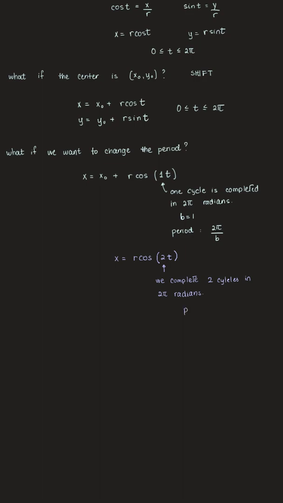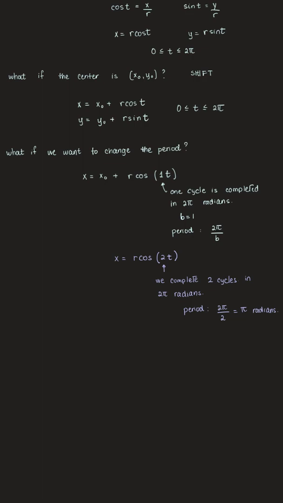So to find the new period, the period is how long does it take me to complete 1 cycle. If I complete 2 cycles in 2 pi radians, it's going to take me 2 pi over 2, or pi radians, to complete 1 cycle. I do 2 cycles in 2 pi radians, then one of them is completed in half the time. And so that value of b helps us figure out the period.